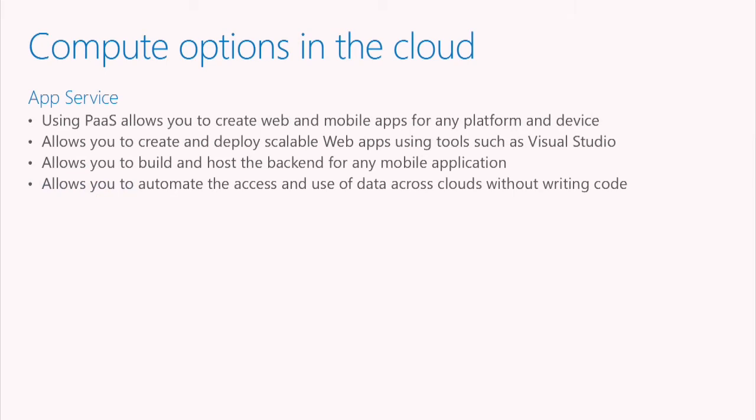The App Service allows you to deploy entire applications and distribute them for both PC and mobile implementations. You can automate the installation of the application, you can distribute the data, and you can use standard tools such as Visual Studio or other languages that you're familiar with to build these applications.